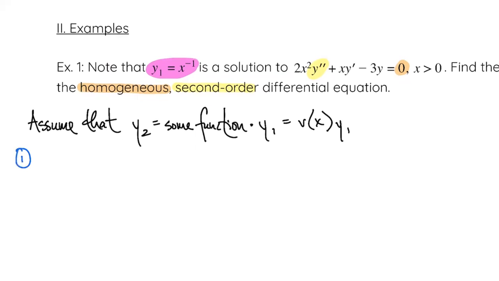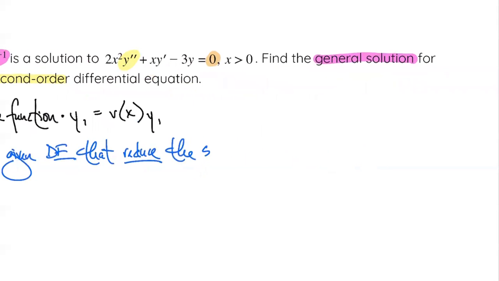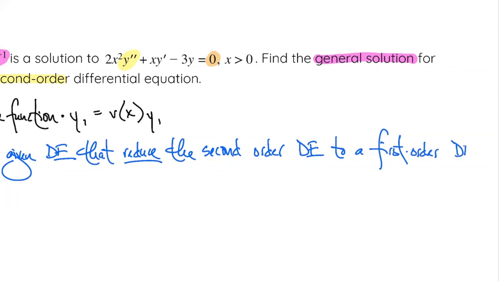Okay. So we're going to start with that assumption. And our first general process is that we are going to make substitutions into the given differential equation that reduce the second order differential equation to a first order differential equation.